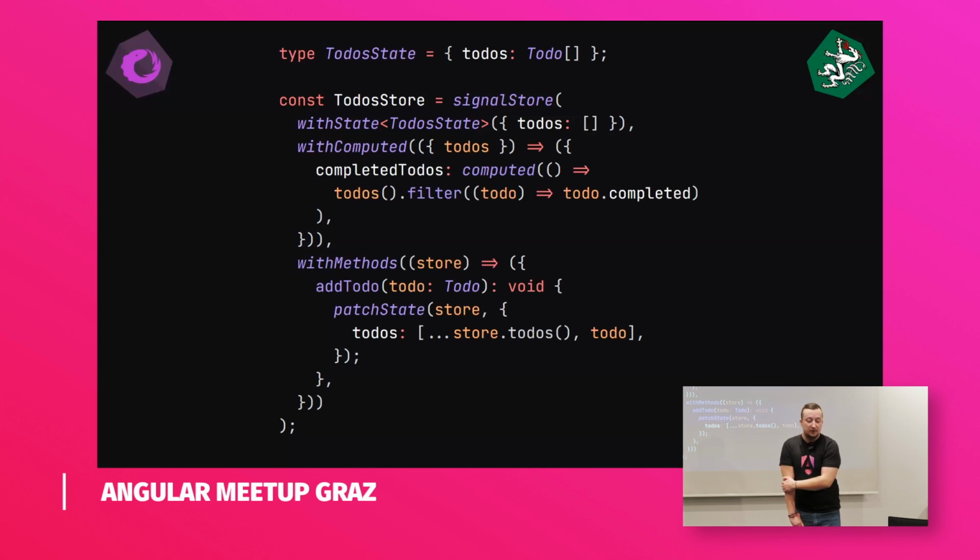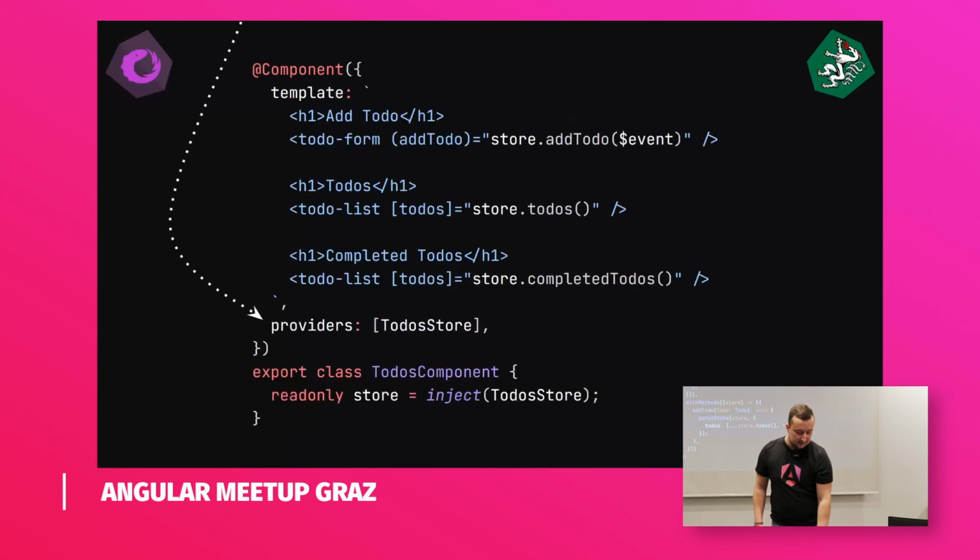So in this case, we will add a todo method that will update our state. And to update the state, you can notice that we are using another function called patchState, which is again a standalone function that accepts a store as the first argument, and it also accepts a sequence of partial states or partial state updaters as rest arguments. We will see that later in action.